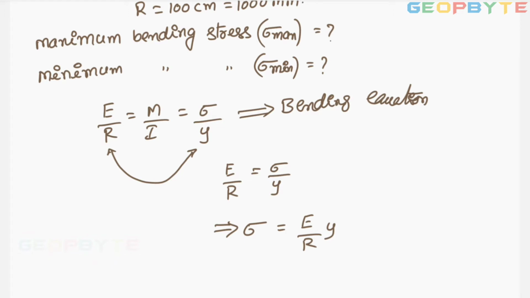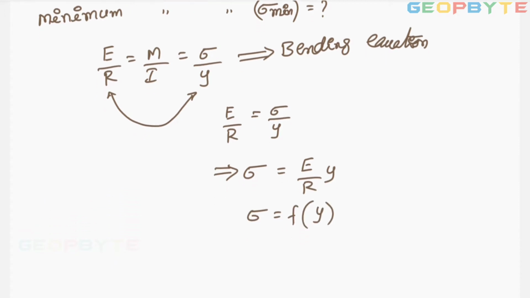R is the radius of curvature. When Y is maximum, bending stress is maximum. When Y is minimum, bending stress is minimum. So the bending stress is a function of only Y. If Y becomes Y max, sigma becomes sigma max.